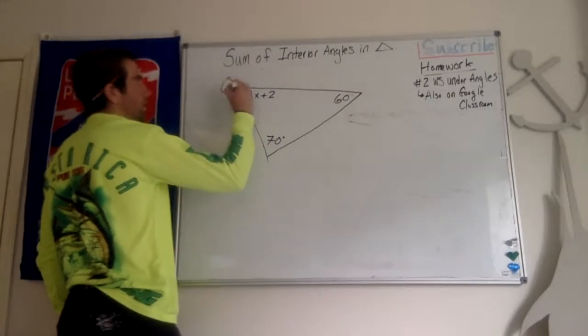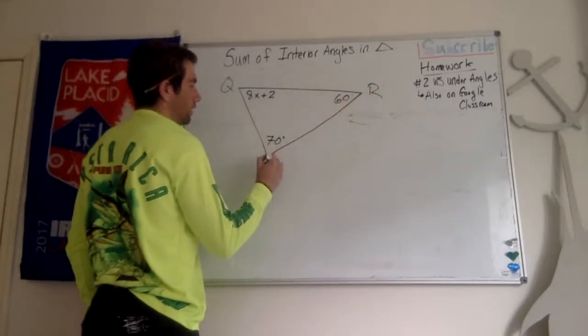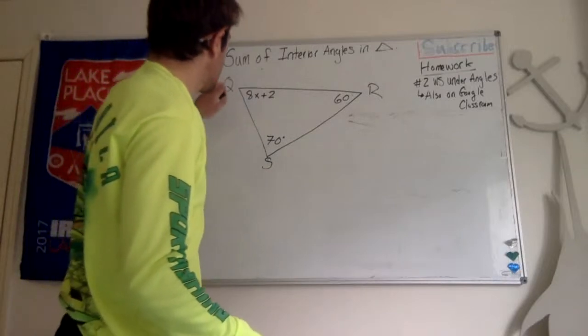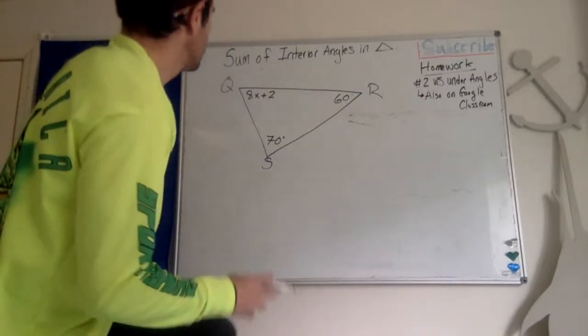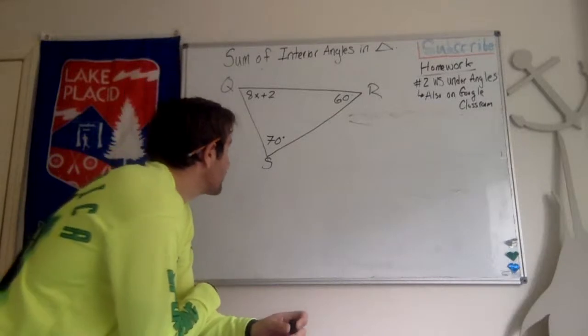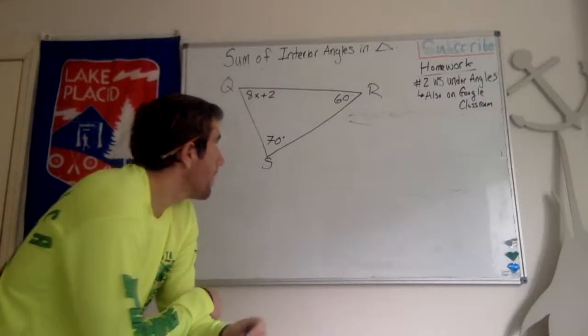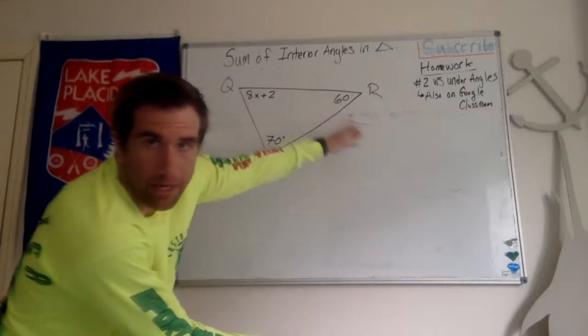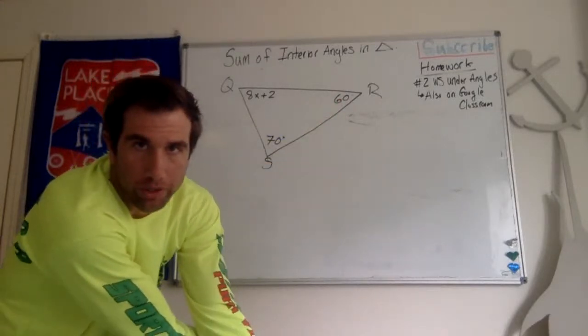So Q, R, S. I want to find the measure of angle Q. So now, I mean, I could have put like an x here as well. I could put 2x plus something here. It doesn't really matter what you really do here, right?